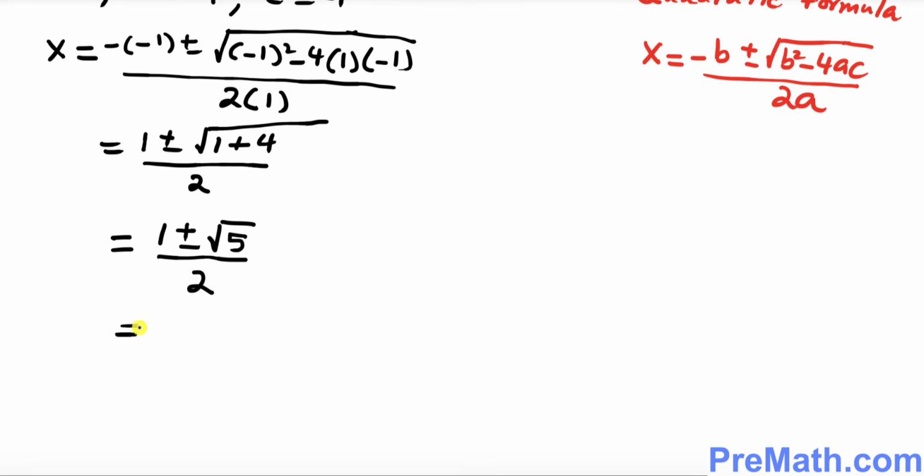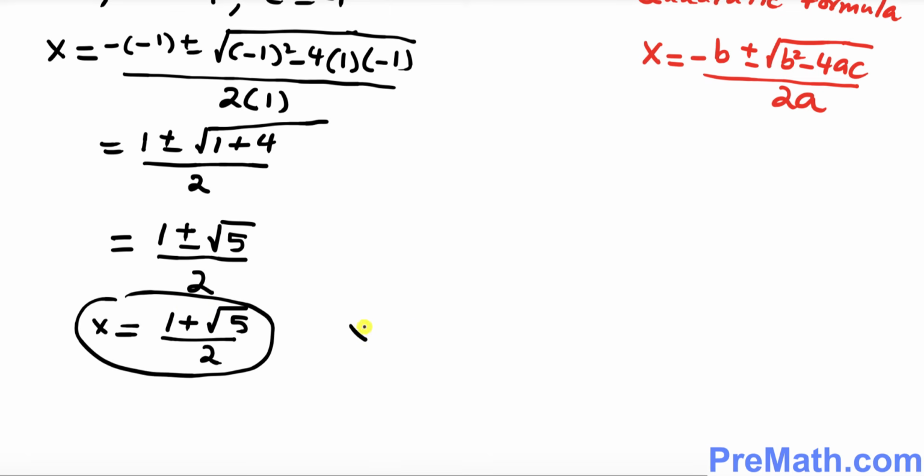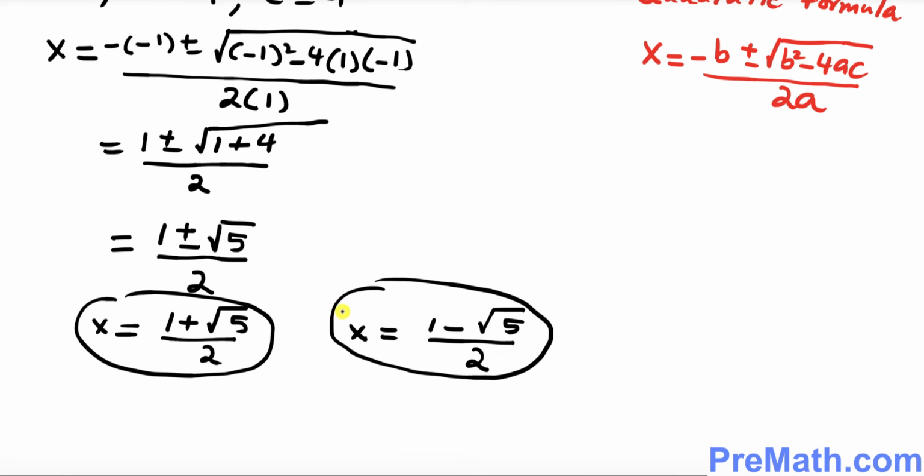So we can split this up. 1 plus the square root of 5 over 2 is one of the solutions, and the other one is x equals 1 minus the square root of 5 divided by 2. These are two solutions.